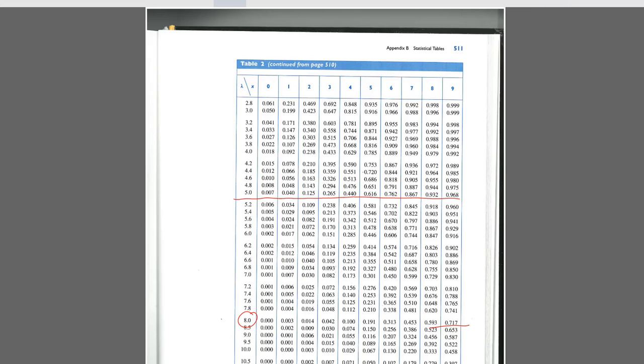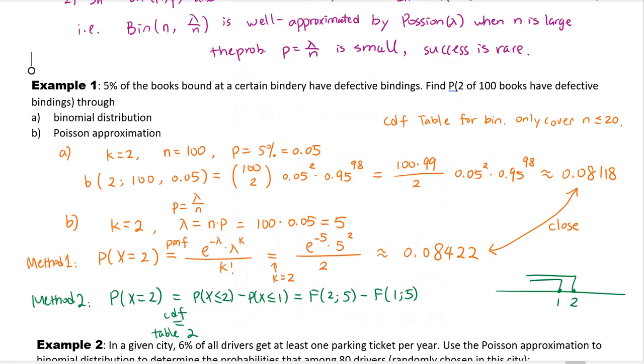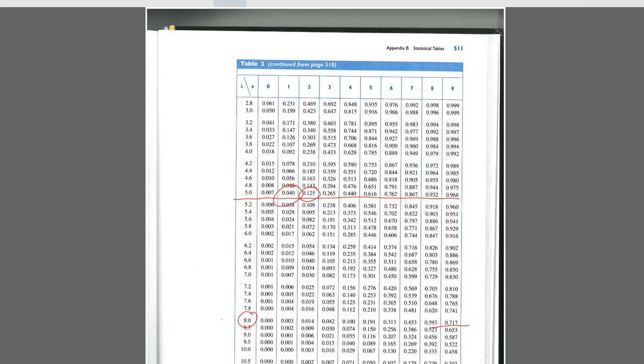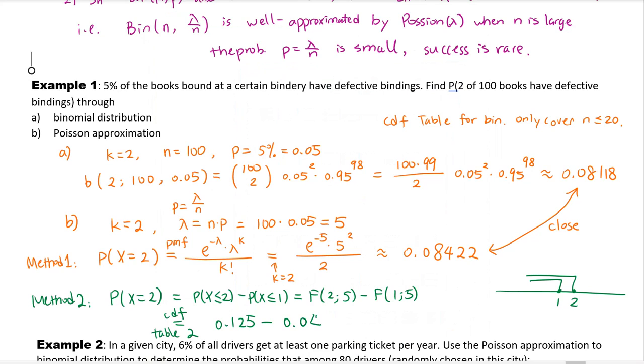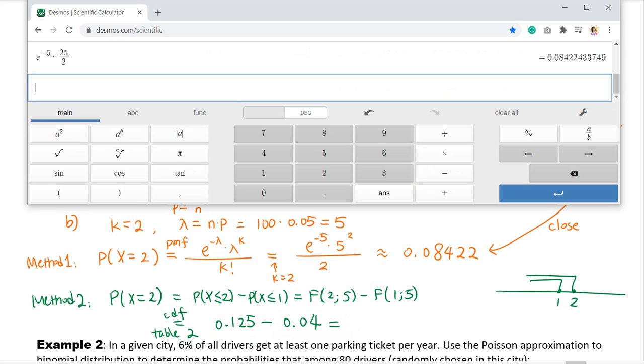When k is 2, 0.125, minus 0.04. So 0.125 minus 0.04, the answer is 0.085.